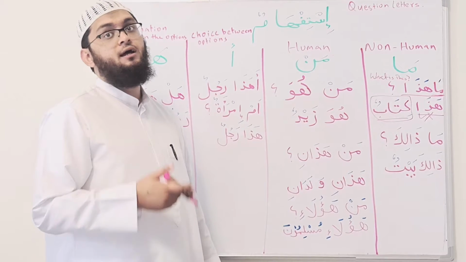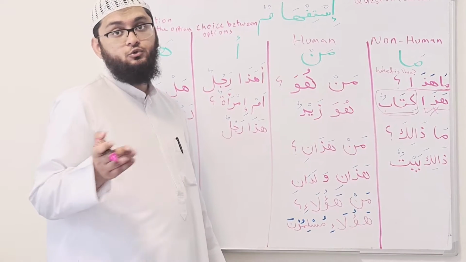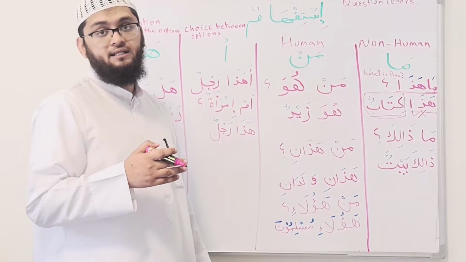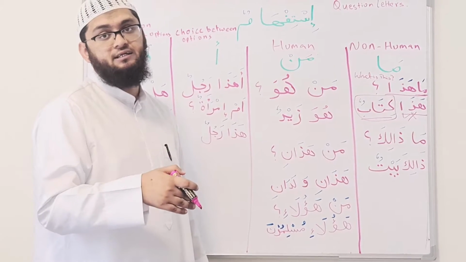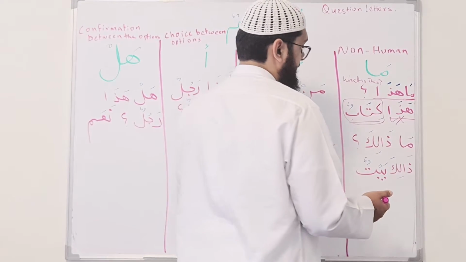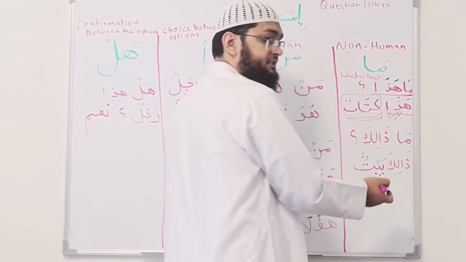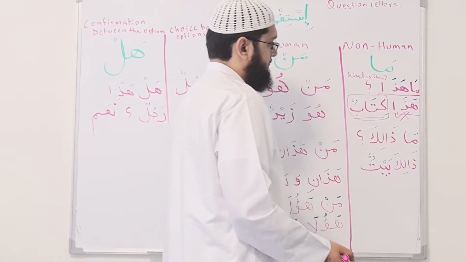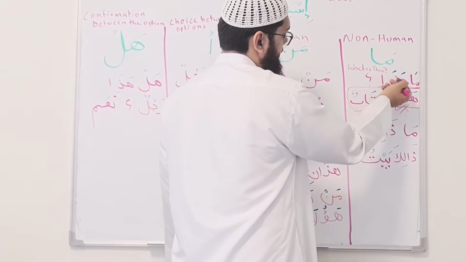But if you just say kitabun, he's expecting me to know that what I asked was this specific thing. So he's not repeating hada again, right? But hada is good to repeat so that there is no confusion. This is for something that's near to you.